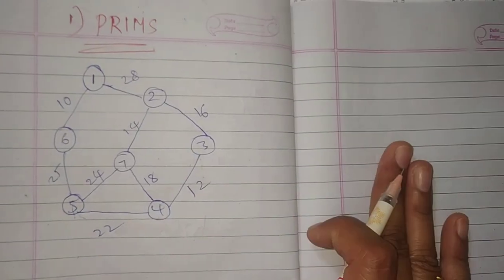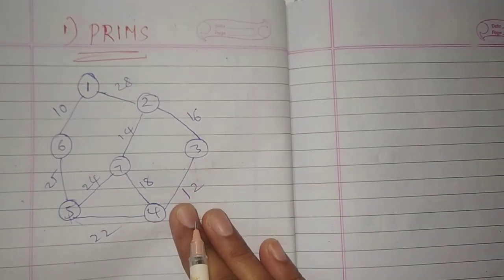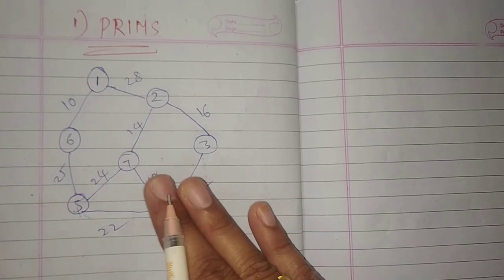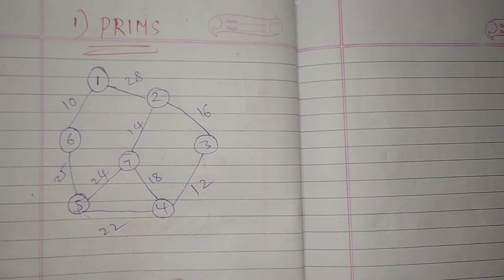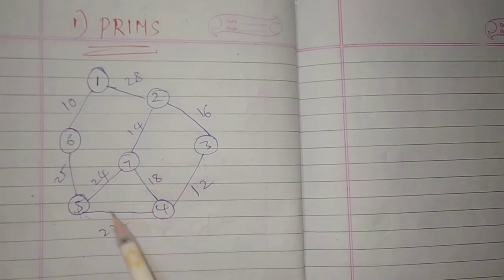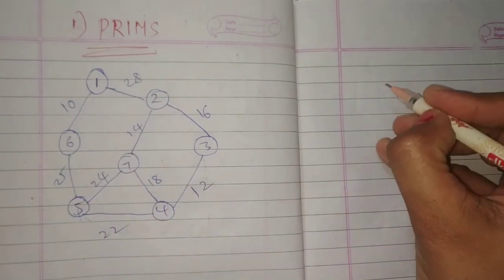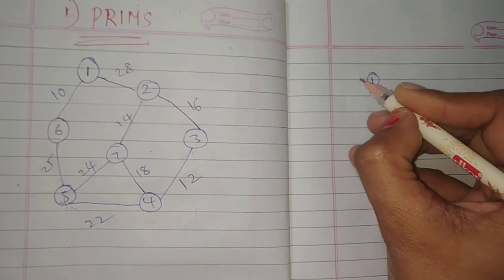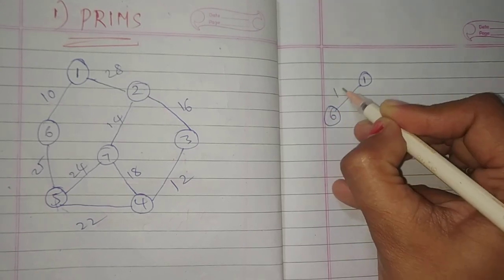Here, first you take the minimum cost edge. Which is the minimum cost edge here? 10, right? Yes. You will take that edge. 1 to 6 is 10, right?